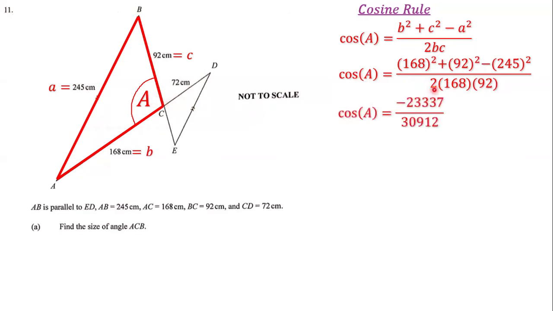Now we compute 168 squared plus 92 squared minus 245 squared, which gives us negative 23,337. Then we have 2 times 168 times 92, which gives us 30,912.